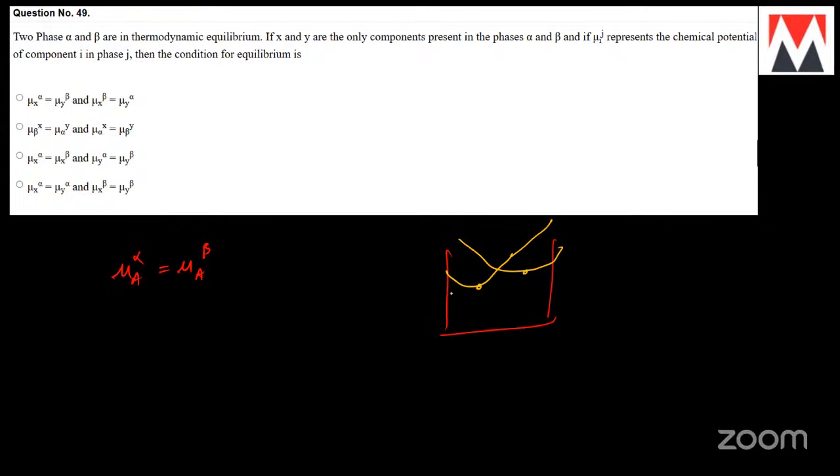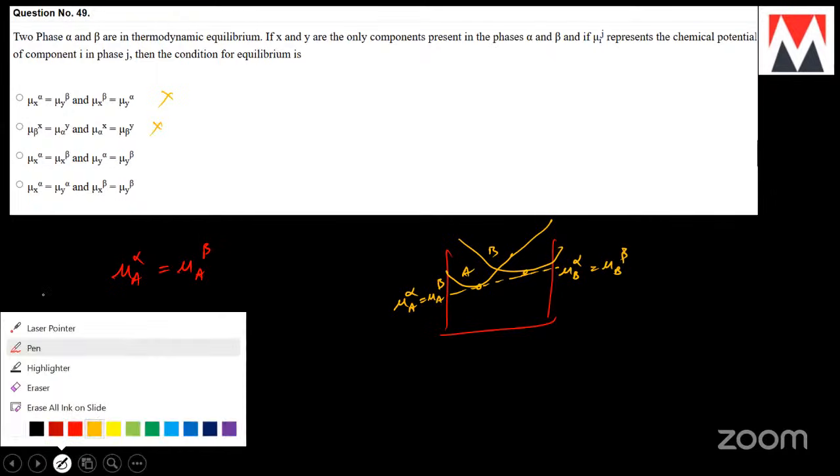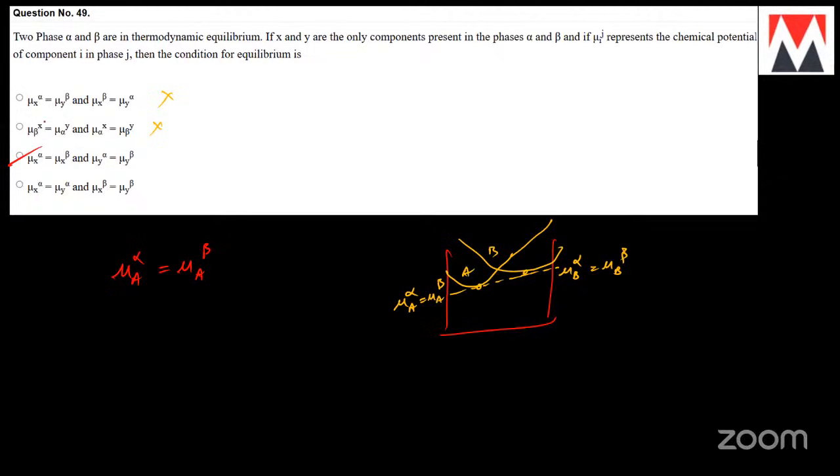If I join these two, this is A, this is B. So mu A in alpha is equal to mu A in beta, mu B in alpha equal to mu B in beta. Only then can you say these two are in equilibrium. So this is not, your answer is C.